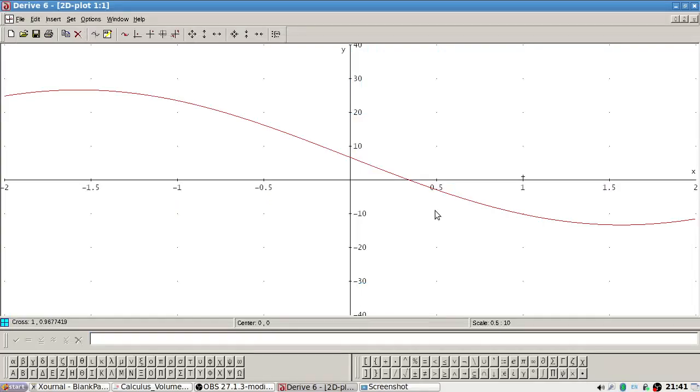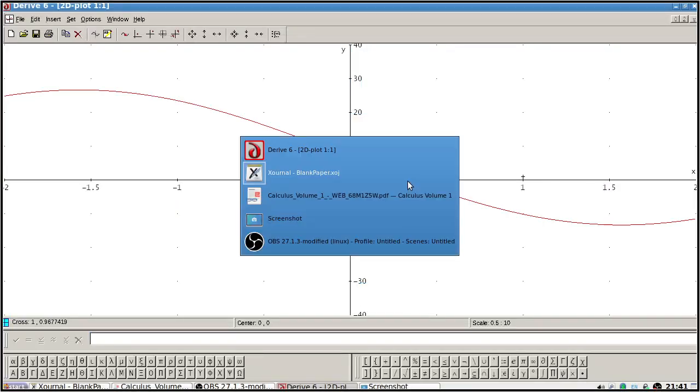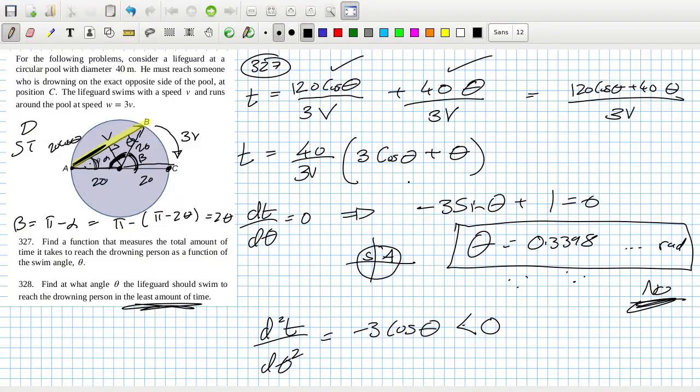Negative time doesn't make sense here. There's a limit to this formula.